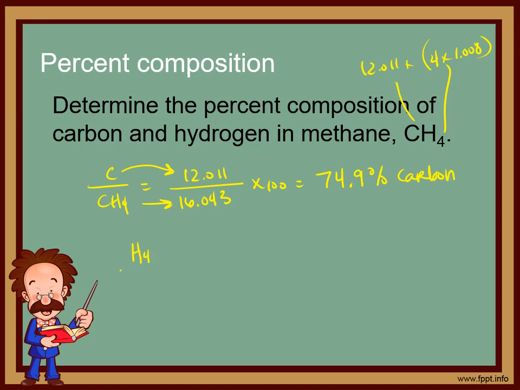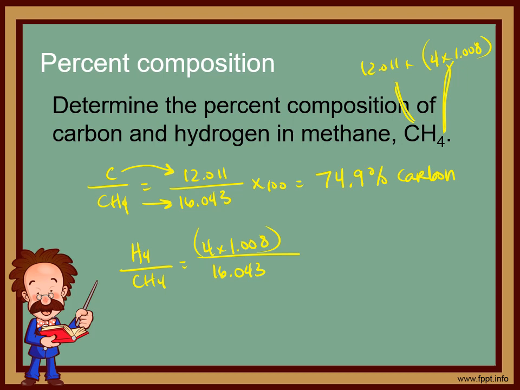Let's do the same thing for hydrogen now. We've got 4 hydrogens in methane, so we're going to do 4 times 1.008, and then divide that by the total mass of the methane, which is again 16.043, 12.011 from the carbon, 4 times 1.008 from the hydrogen.